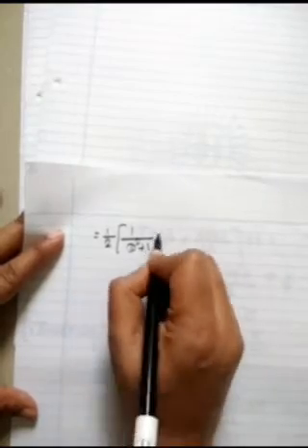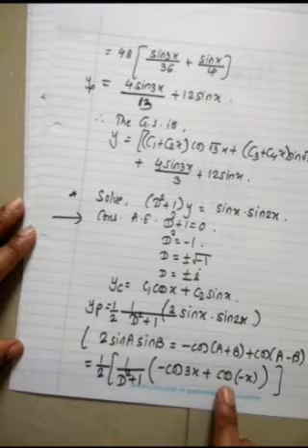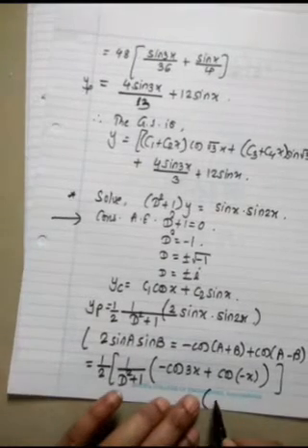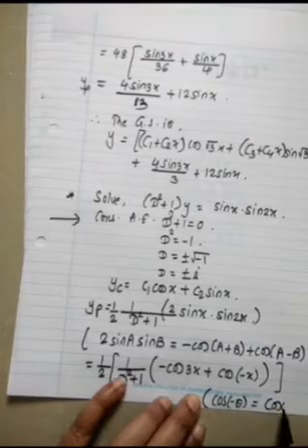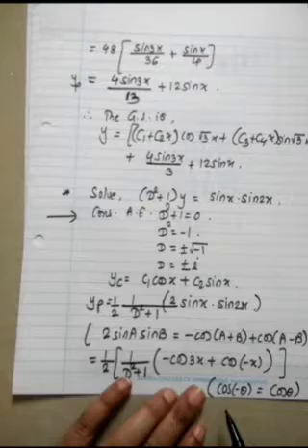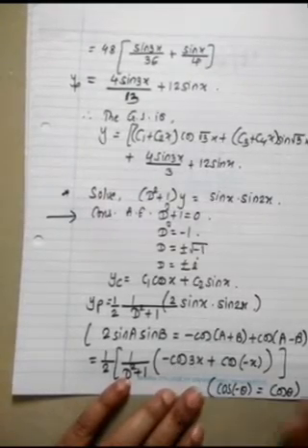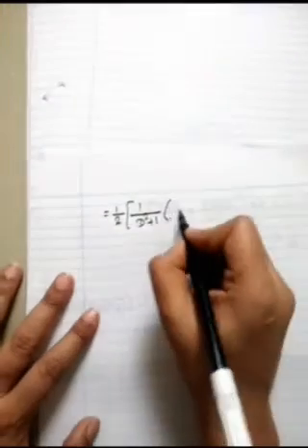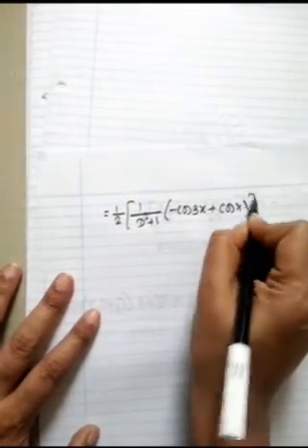So finally we'll get, we have multiplied by 2, so there is 1 by 2, 1 upon d square plus 1 into minus cos 3x plus cos x. Since cos of minus theta is equal to cos theta, this is the formula. And what is sine of minus theta? Minus sin theta. So it is minus cos 3x plus cos x. Right?